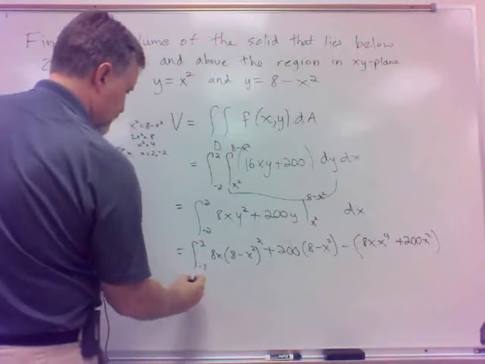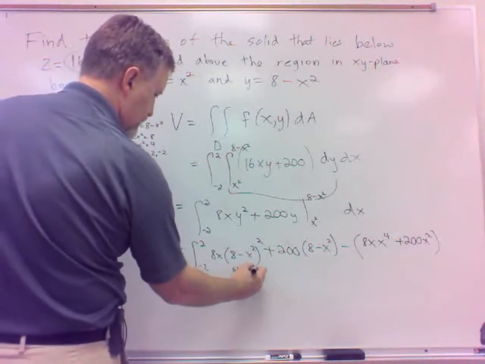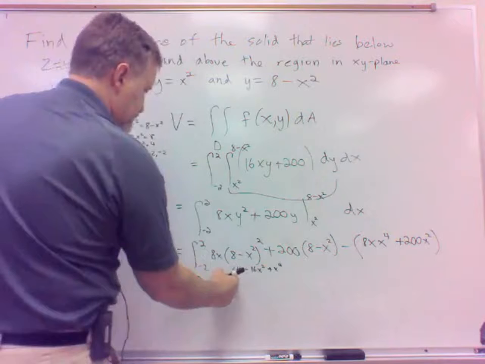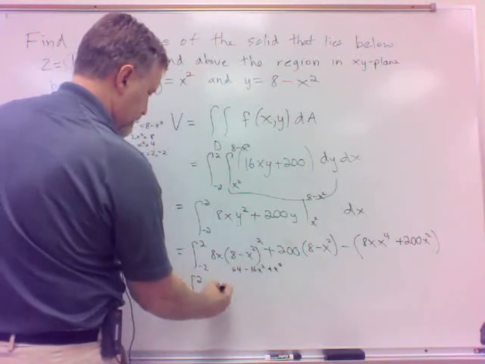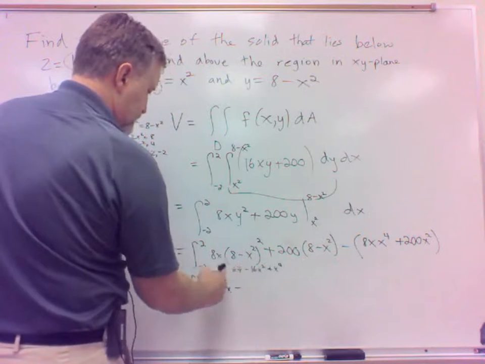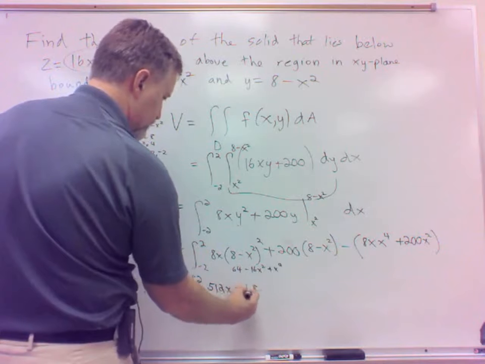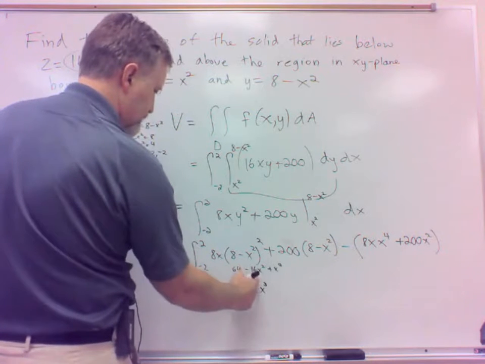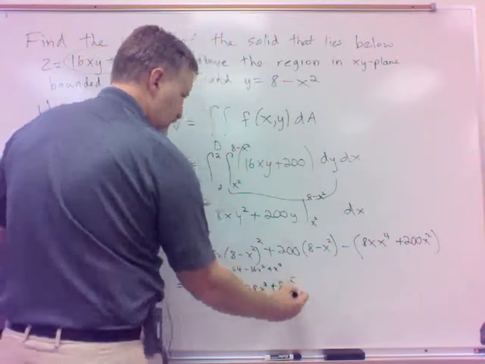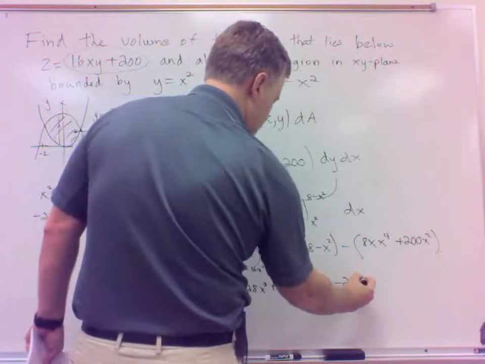Okay, and so doing all that out, that'd be 64 minus 16x squared plus x to the 4th, so that would be 64 times 8 is 512x. 16 times 8 is 128x cubed. Multiply the x, and then 8x to the 5th. And then we'd have 1600 minus 200x squared.